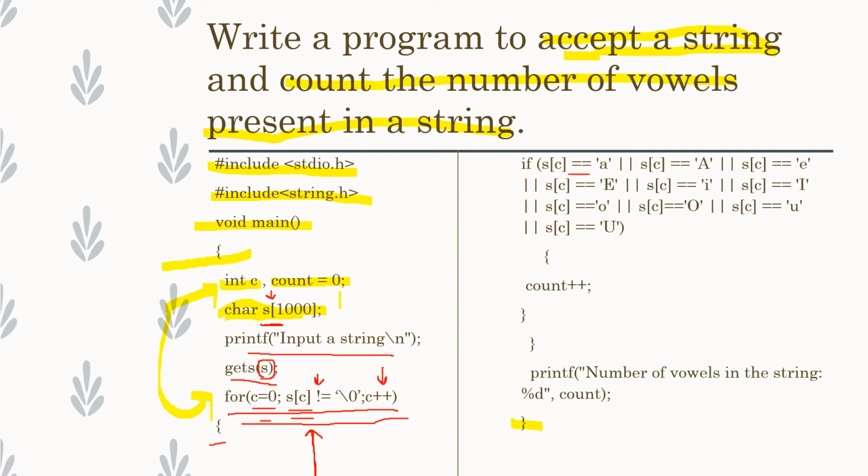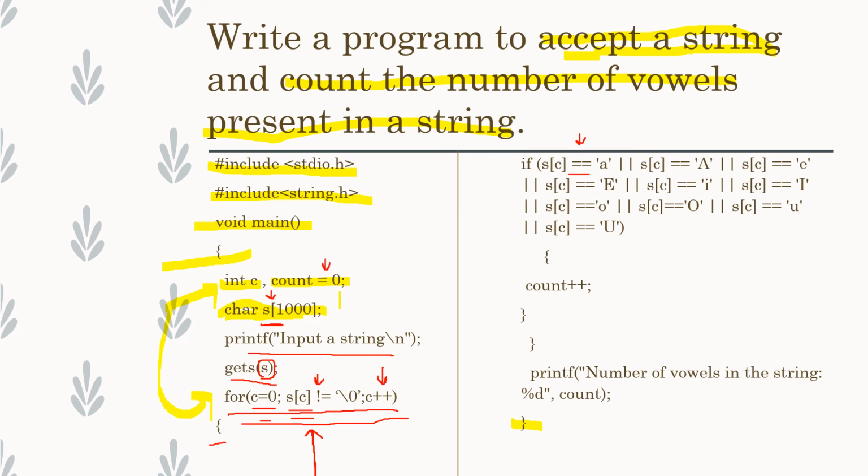When I use a single equal to, it is only used for assigning a value, but when I use double equal to, it is used for comparison. So it's checking if s of 0 is equal to capital A and small a, both need to be compared, right? If I'm entering a string in capital or small, both the letters need to be compared. So for c equal to 0, it will check if s of 0 is equal to a, e, i, o or u, everything in lower and upper case both.